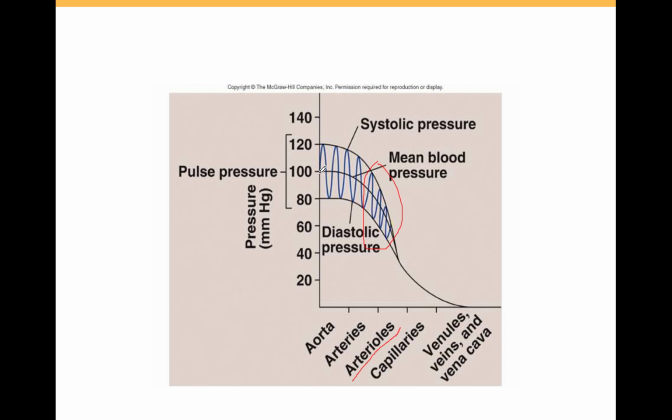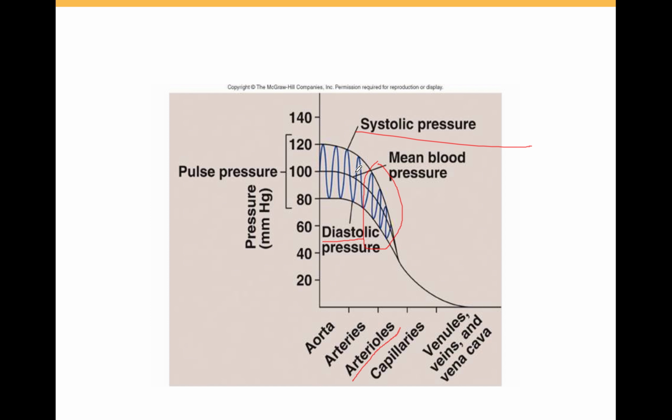The line running in the middle is representing mean arterial pressure. The top is systolic pressure and the bottom one is diastolic. So systolic, diastolic, and the middle one is mean blood pressure, or basically mean aortic pressure, which we calculated earlier.